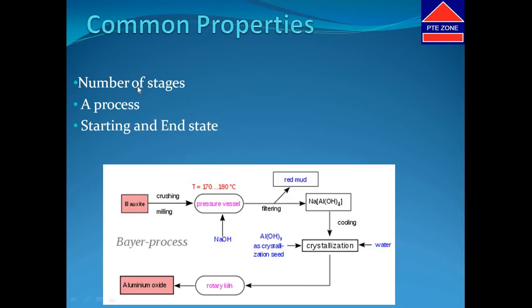Any process would have different stages, a number of stages actually. So for example, in this scenario, the first stage is crushing and milling, the second stage is filtering, the third stage is cooling, the fourth stage is, I don't know, you can say it goes to the rotary kiln, and the last stage is conversion to aluminum oxide.